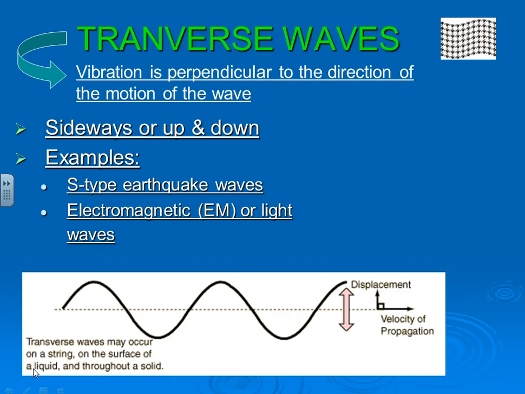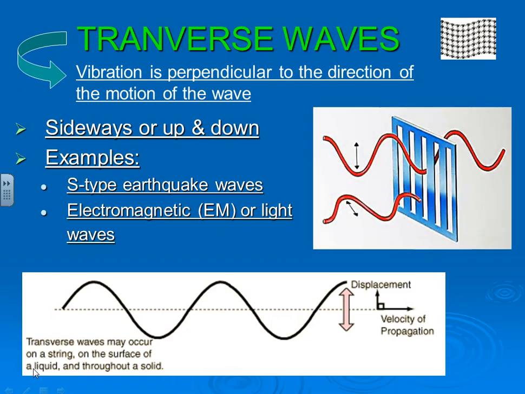Those radio waves, those microwaves, they have that transverse motion. I want you to think about some other transverse waves that you might know of, or maybe something that makes a transverse motion even.